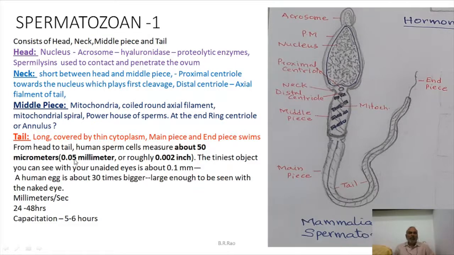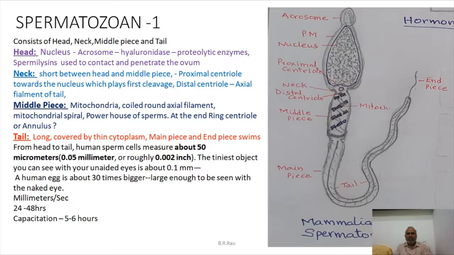Now the sperms measure about 5 micrometers, 0.05 millimeters, so they cannot be seen with the normal eye. We need to observe them under a microscope. But the egg is 30 times bigger than the sperm. The sperms move very slowly, some millimeters per second in the female genital tract, and they can survive for 24 to 48 hours depending upon the surrounding conditions of the female genital tract.